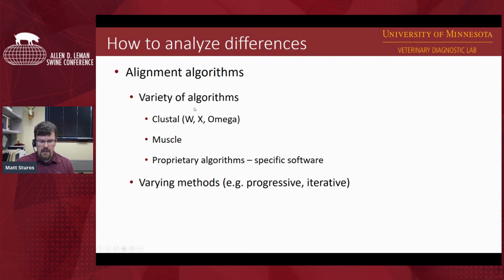These algorithms can use different methods. Progressive, you'd start with a core, get those aligned, and add to it. Iterative would be where you take a bunch, stick them together, see where they fall, and do it again, slowly over time getting the alignments to match up with what reality probably is.